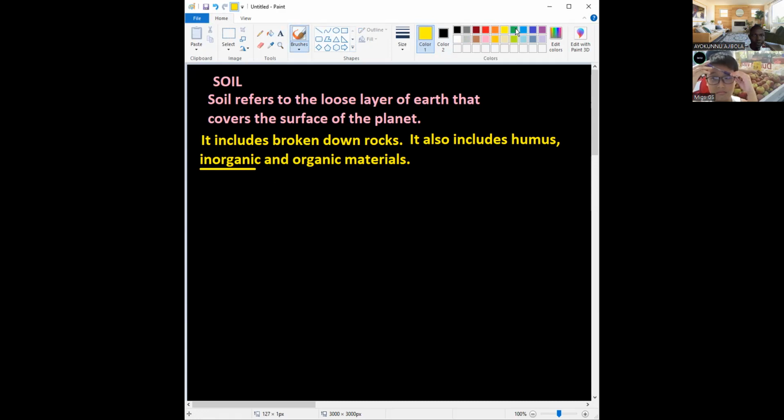Organic material refers to something that once lived, or probably still living, but can be found in the soil. So one such example is earthworm.